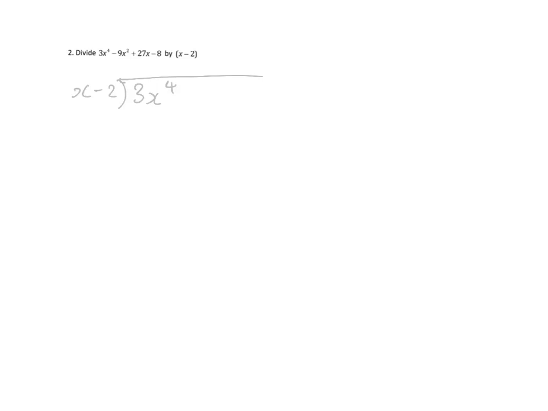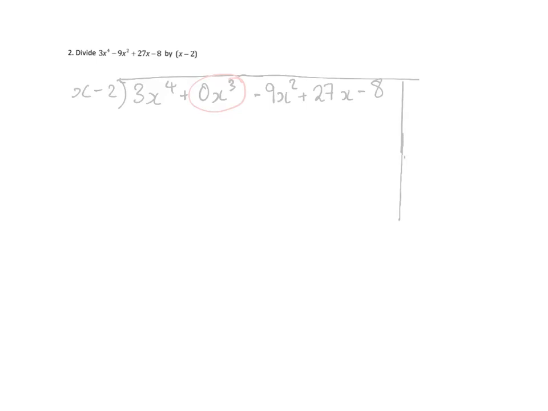When you are doing division, you have to have every power of x. So I'm going to write plus 0x cubed. That's a really important thing to remember there. All right, so 0x cubed, continue on, minus 9x squared plus 27x minus 8. Okay, that's what we're dividing into this time.